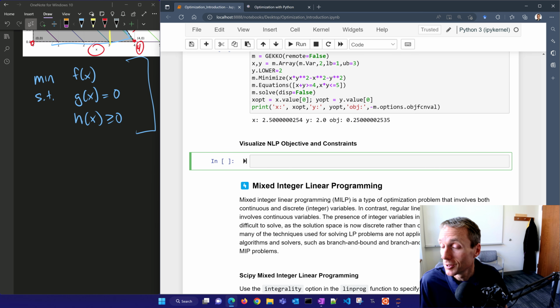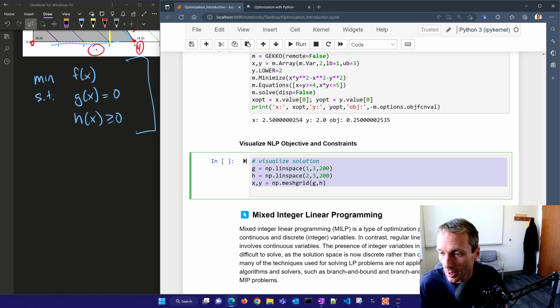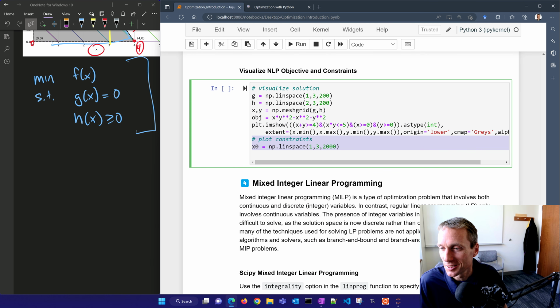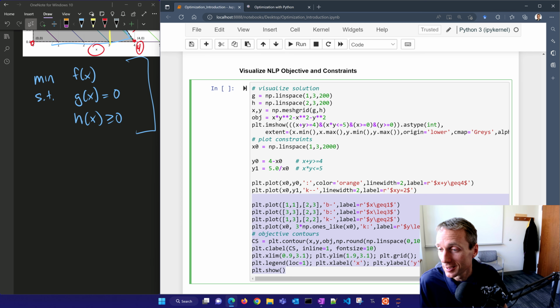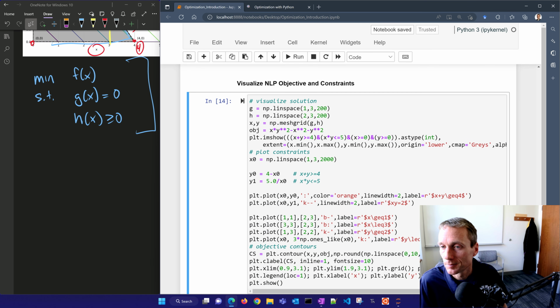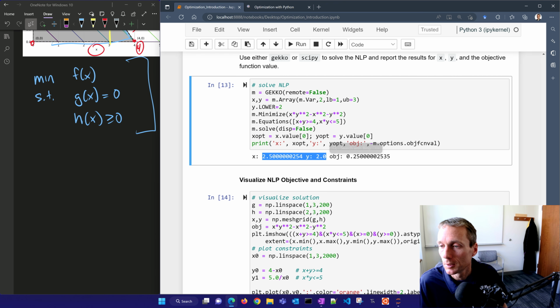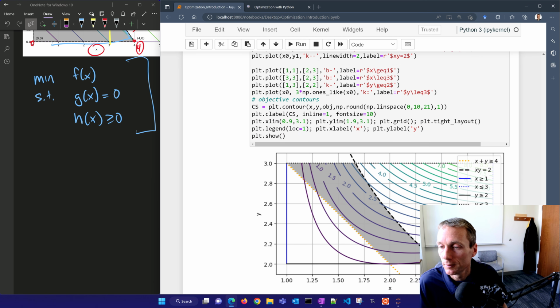Now let's go ahead and visualize this. Because I have just 2 variables, it's easy to visualize it with a contour plot. You don't need to necessarily know how to do this, just if you want to run it to verify that you got the right solution. Okay, so it said 2.5 and 2 with an objective function of 0.25.